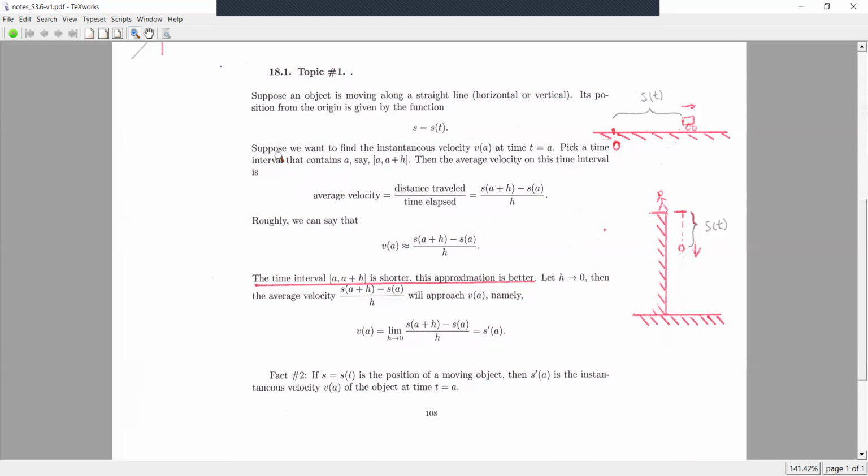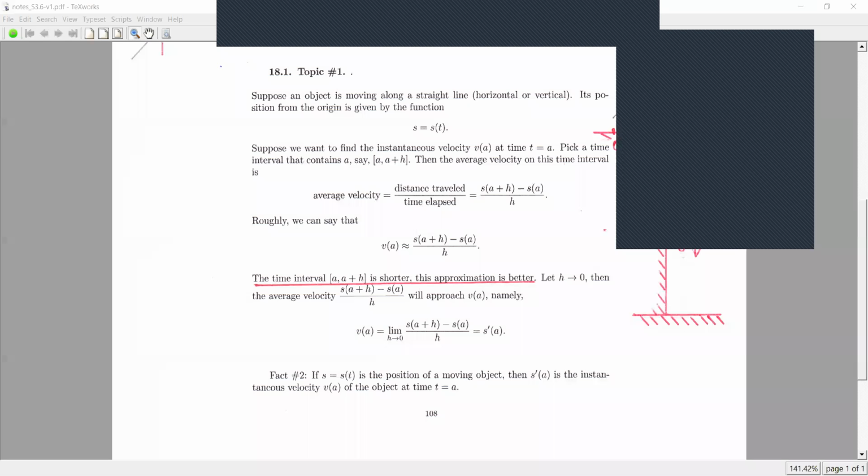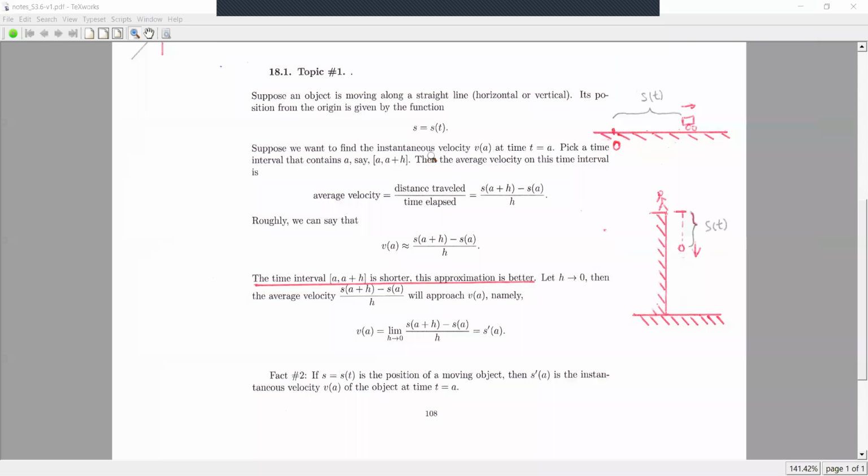Now, suppose we want to find the instantaneous velocity v of a at the time a. To find the instantaneous velocity at the time a, pick a time interval that contains a. For example, pick the time interval from a to a plus h, where h is some positive number.